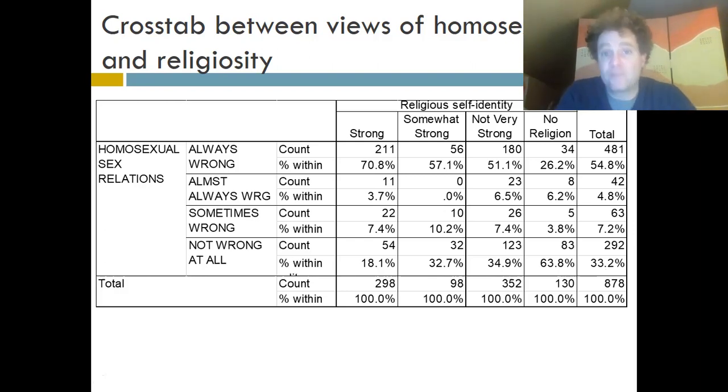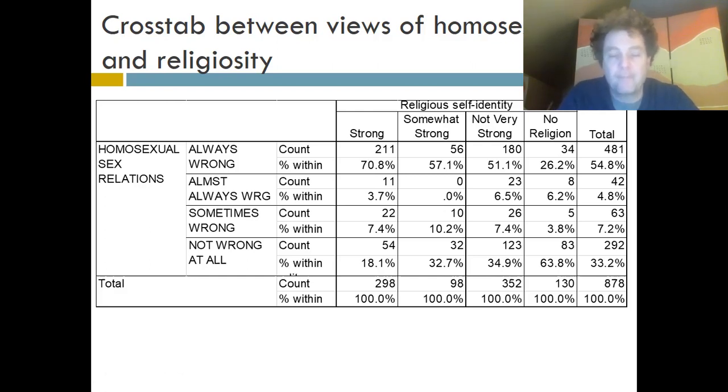But what we also have is a second question, a question about religious self-identity. The survey asks people how strongly they feel their religion is. Somebody could say strong, somewhat strong, not very strong, or I don't have a religion at all, like zero.